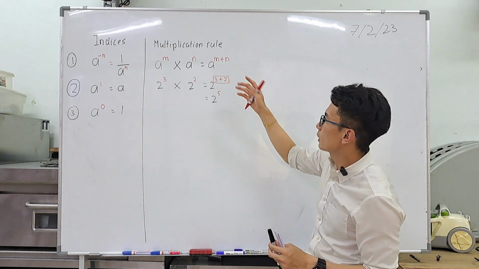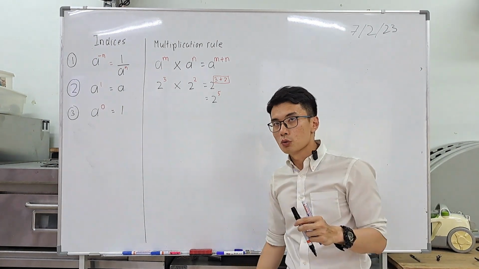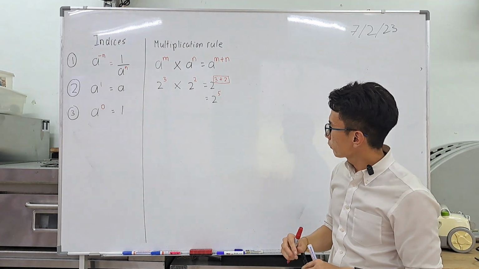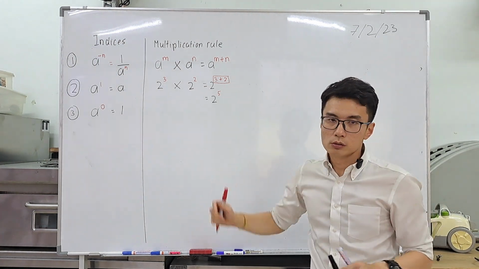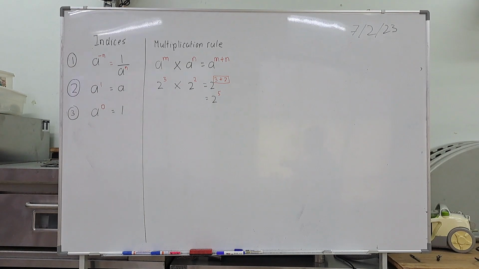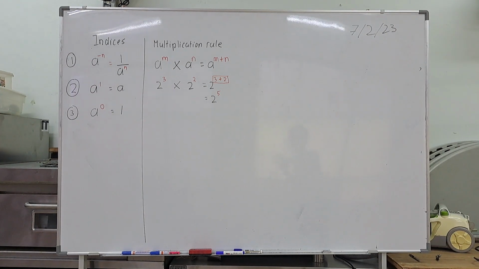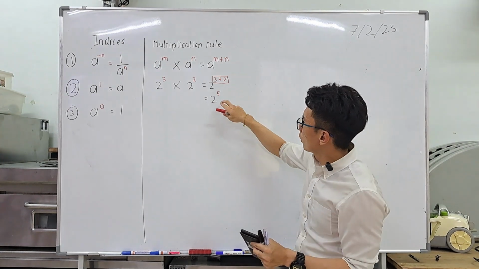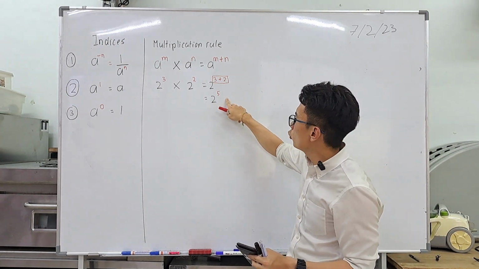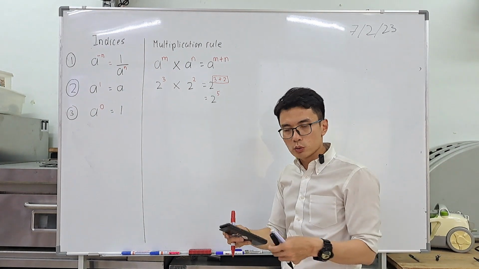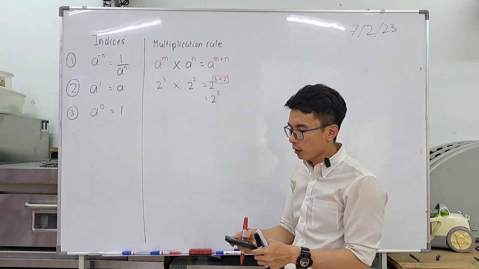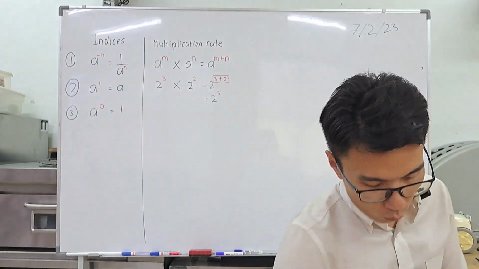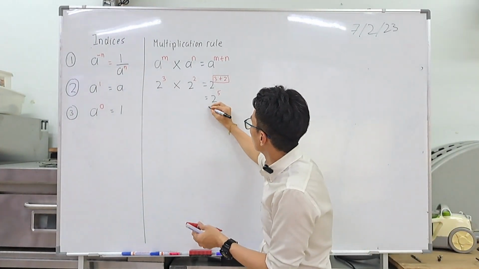That is how we do the multiplication rule for indexes. Now, 2 to the power of 5, if we expand it, we should get 32.